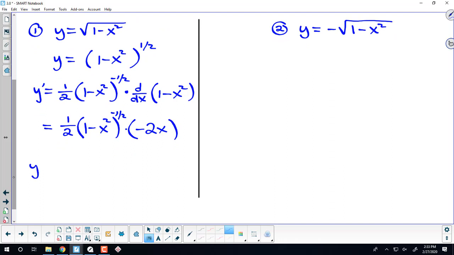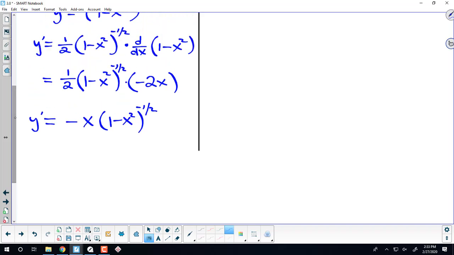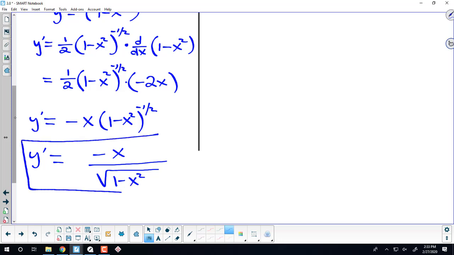In other words, y prime is negative x times 1 minus x squared to the negative 1/2. We write that with positive exponents, so the square root's on the bottom. So there's y prime.